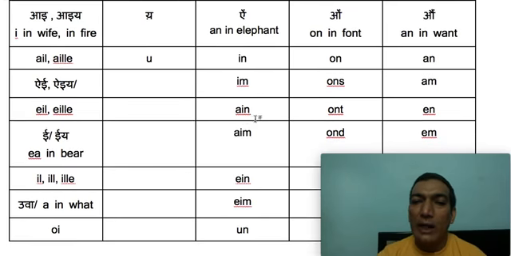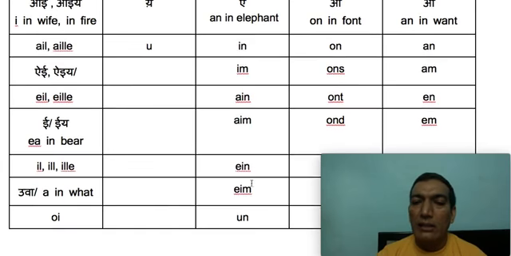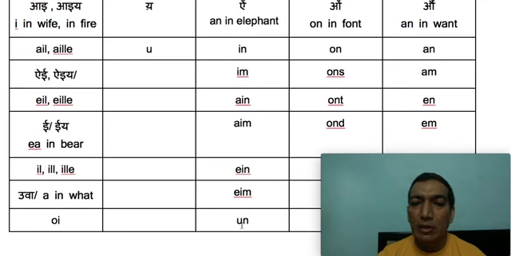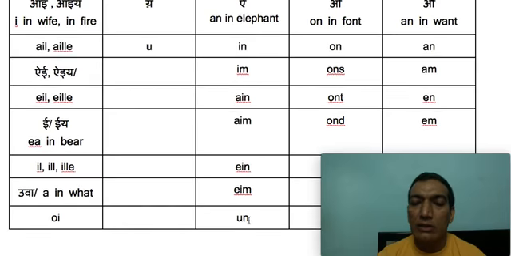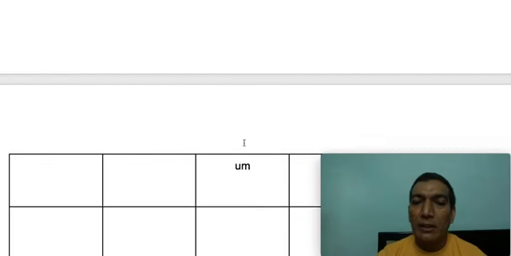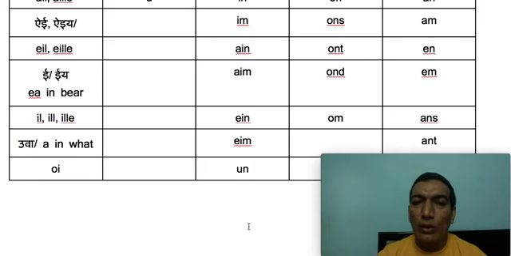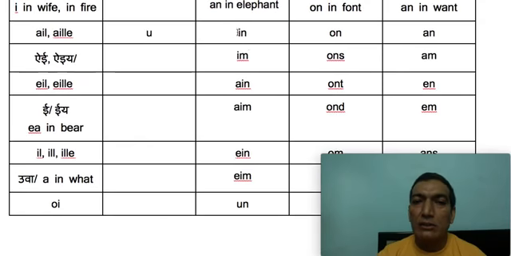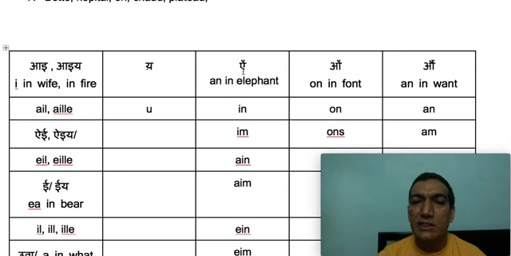Then you have ren, and rem. Then you also have un. All these combinations, whenever you see them, you have to pronounce them as an.